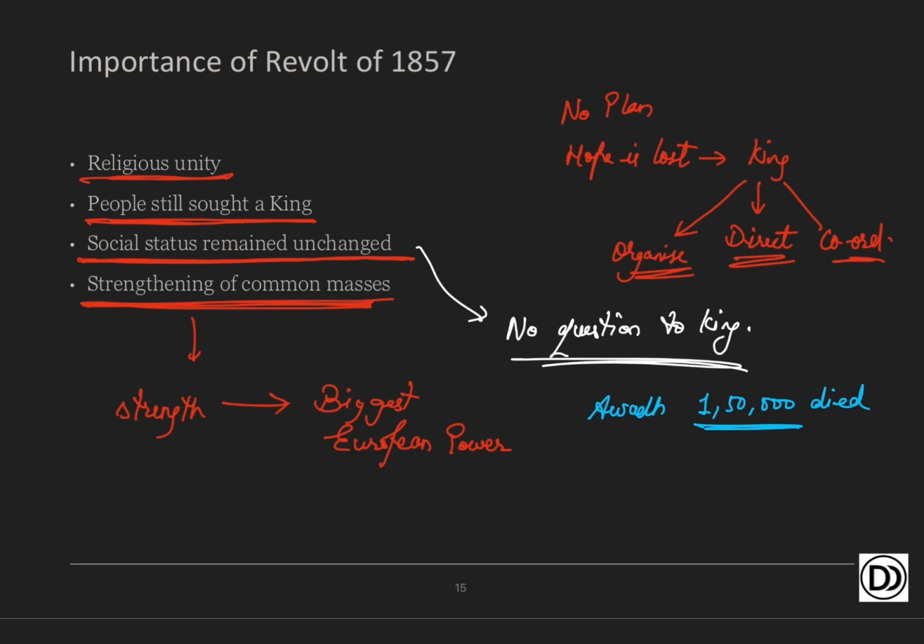These were the people who were killed. They fought the East India Company and they died. Now, out of these 1,50,000, almost around 1 lakh were civilians. These were not soldiers, these were civilians who died.